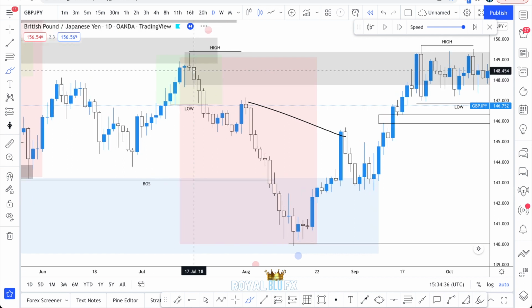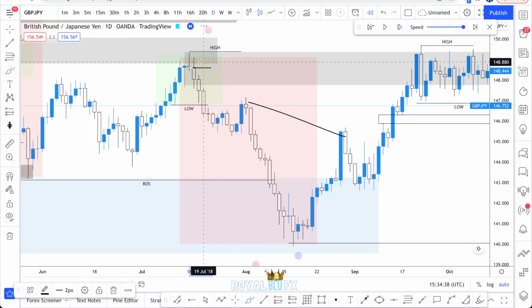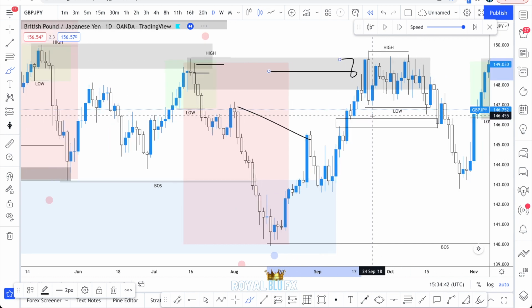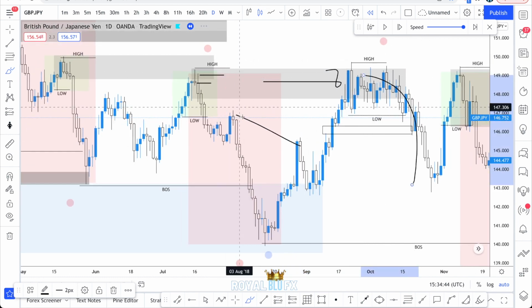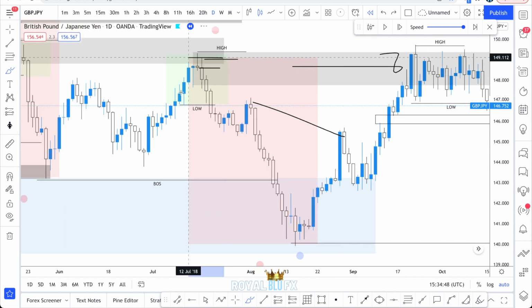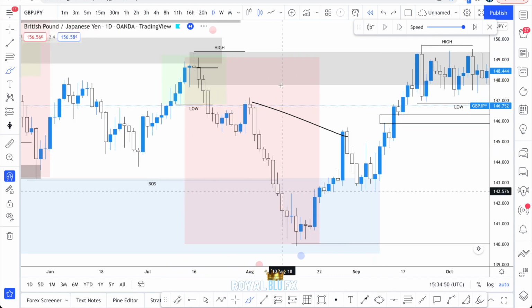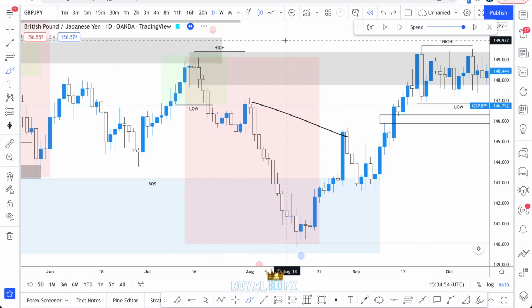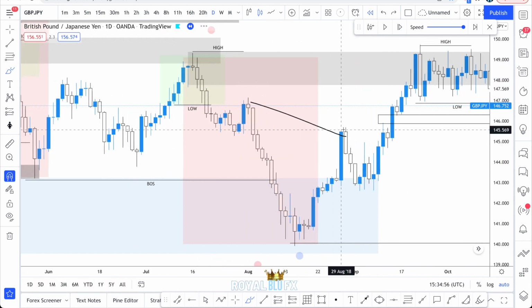You can see there's an imbalance area right here with this wick and here. Then price sold off from here, after it mitigated this last up order or buying order, where the green area is.